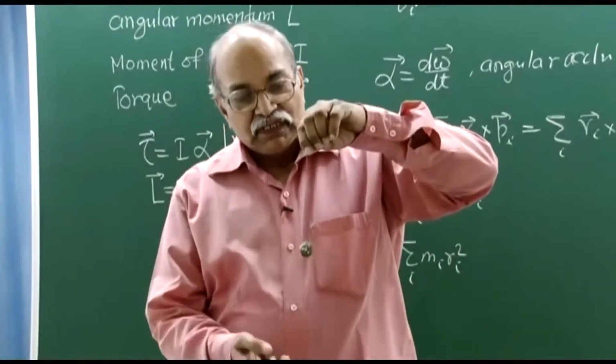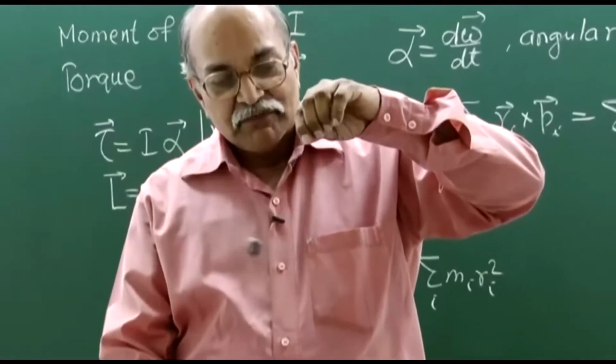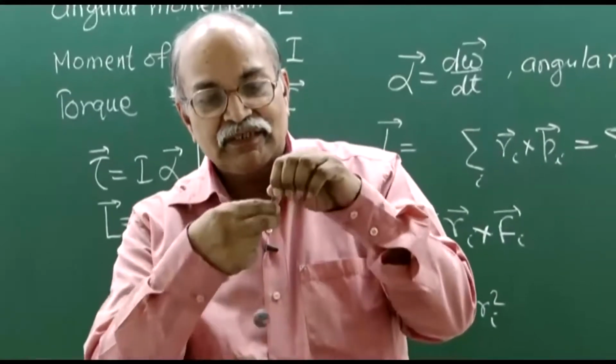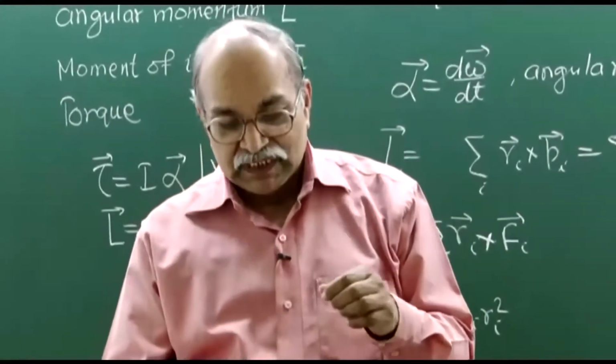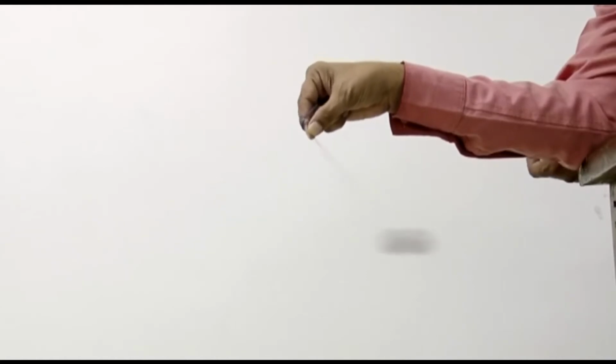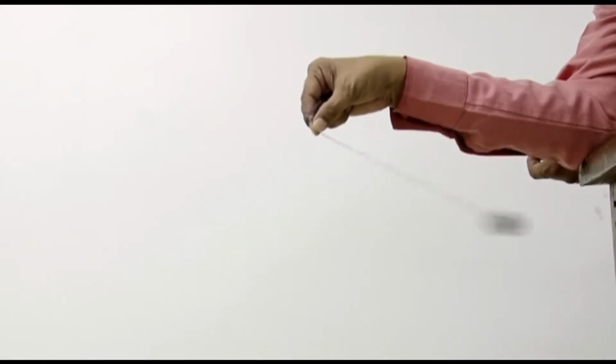If I just move this pendulum like this, it is a simple pendulum, but if I move it in a cone, this thread goes in a cone, it becomes a conical pendulum. The ball is going in a horizontal circle, the thread is going on the surface of a cone, and you can take some semi vertical angle theta of this cone.